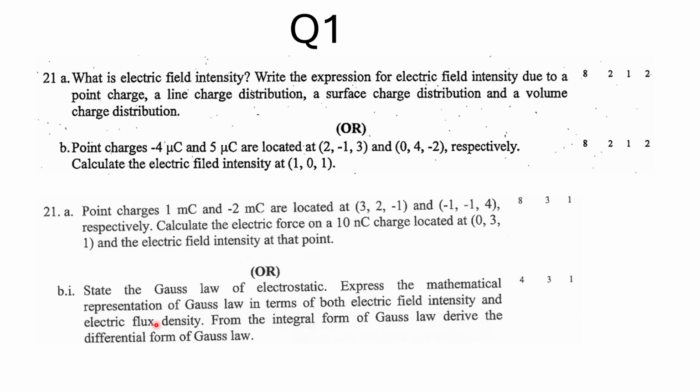In another set also it has asked to express the mathematical representation of the electric field intensity. So mostly questions are related to the electric field intensity, based on either Gauss law, numericals or Coulomb's law, right? So questions mostly focus on electric field intensity.